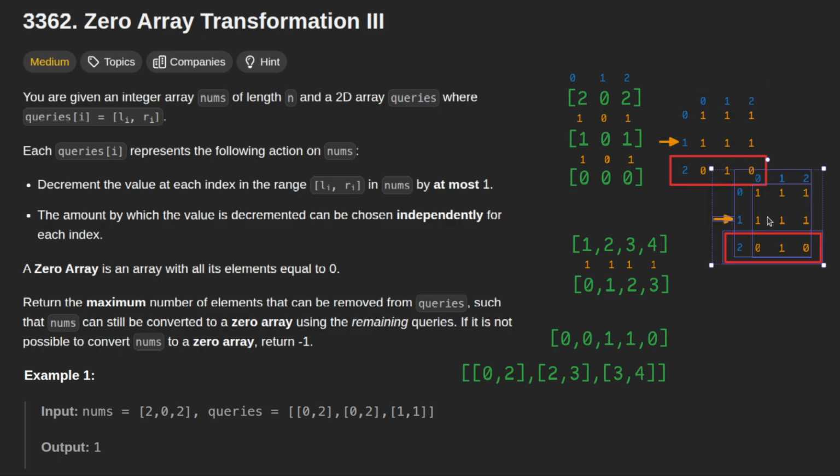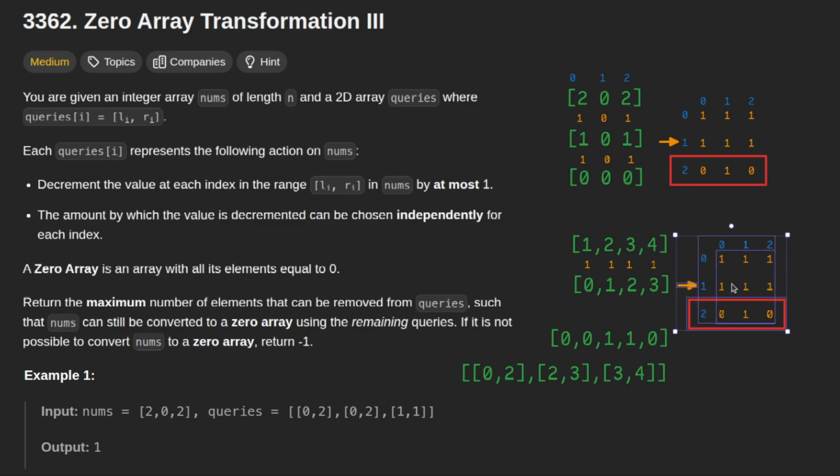Just copy it and paste it once more, and remove this red array. This is 0 1 2 3 4, right?